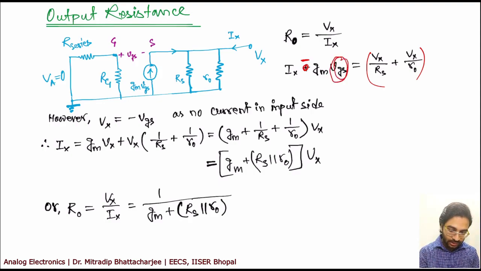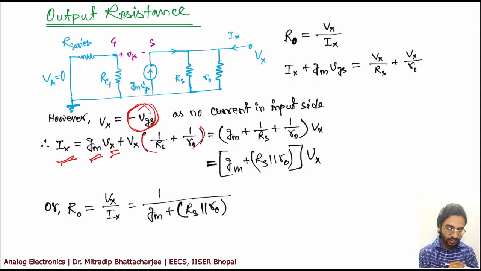Now replace this VGS. So in this case you have minus VGS, so your Ix will be Gm Vx plus Vx into this term.